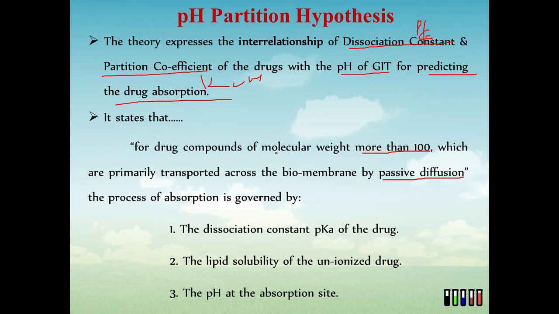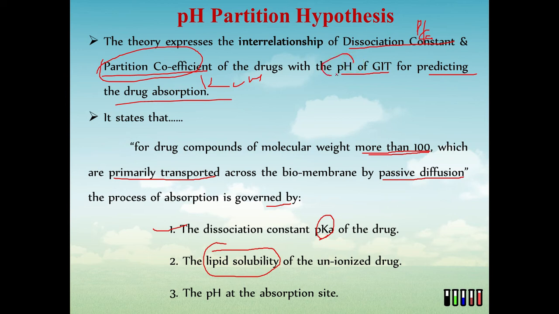Okay, for the drug compounds having molecular weight more than 100 Daltons, which are primarily transported across the biomembrane by passive diffusion, the process is governed by these three factors: first, the dissociation constant pKa of the drug; second, lipid solubility, or we can call it the partition coefficient; and the last, the pH at the absorption site.